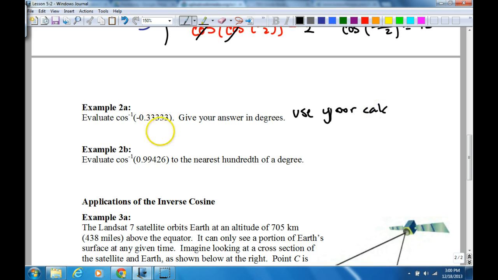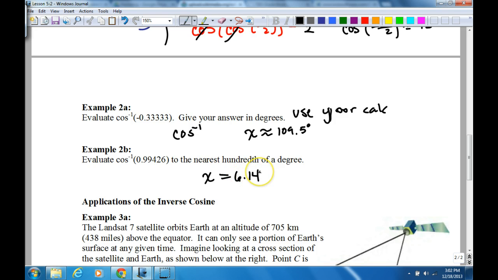So what you're going to do is look for the button that says cosine negative 1 on your calculator, and then put in that value, and your x should be an estimate of 109.5. So putting this into your calculator, you should get an answer of 6.14.